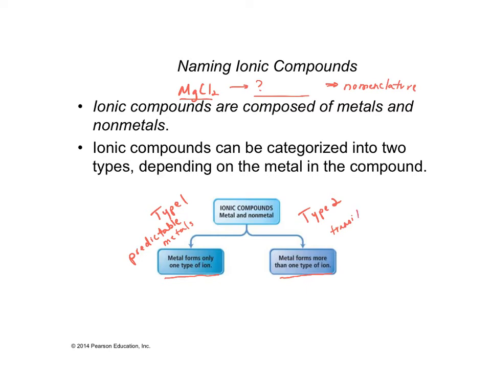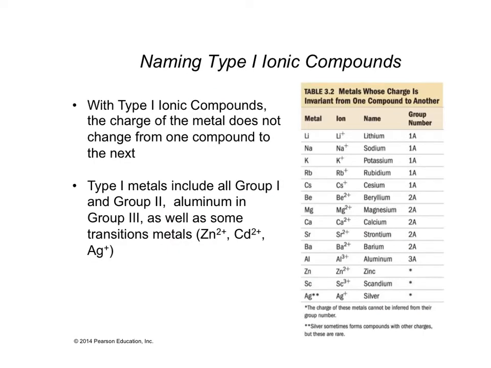Okay, so we're going to start by talking about type I predictable metals. What are these? Number one, there are main group metals that we've mentioned previously. This is group 1 and group 2, as well as aluminum, which is in group 3, as well as a few of the transition metals, which are more rare.